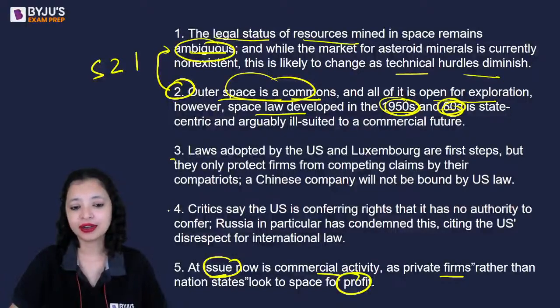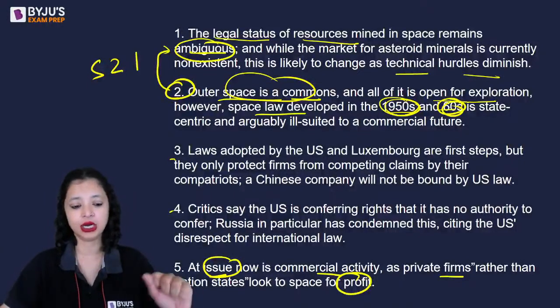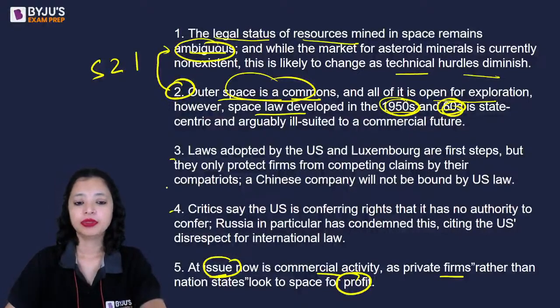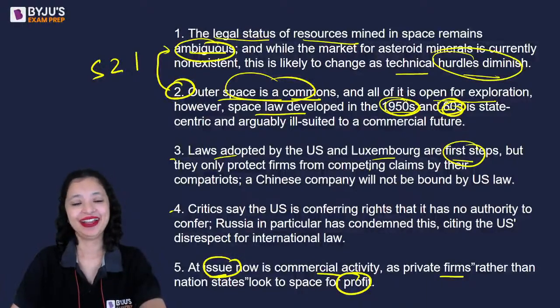Now, out of 3 and 4 is what you need to figure out. Think again. You need to figure out 1 out of 2, 3 or 4. Laws adopted by the US and Luxembourg are first steps. First steps in what? Diminishing the hurdles. The condition right now is ambiguous.